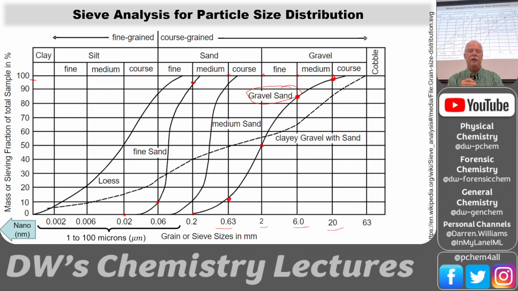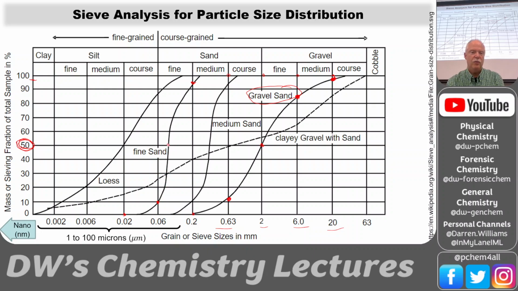And so that would be what we call, it's not bimodal. It's just a single mode. It's a very uniform distribution, and you can always look to see where the 50 percentile is. So 50% passing would be somewhere between 0.2 and 0.06.